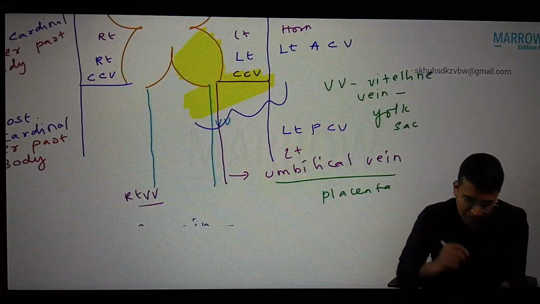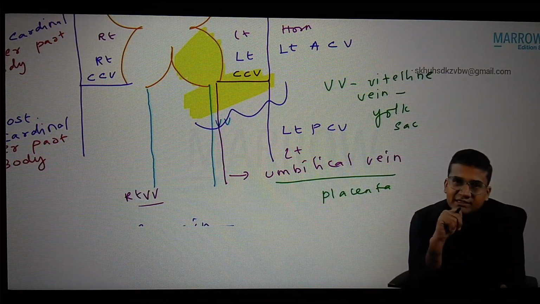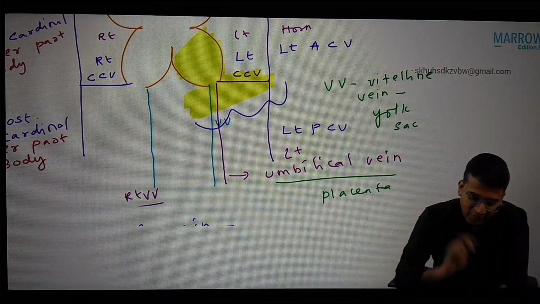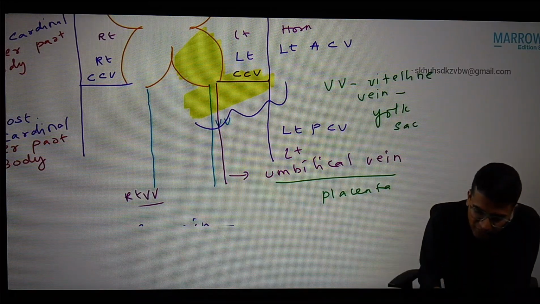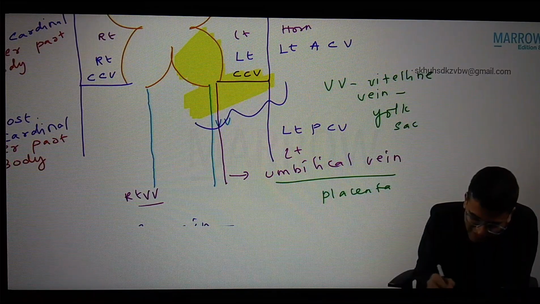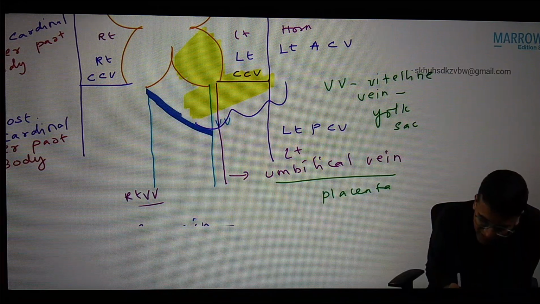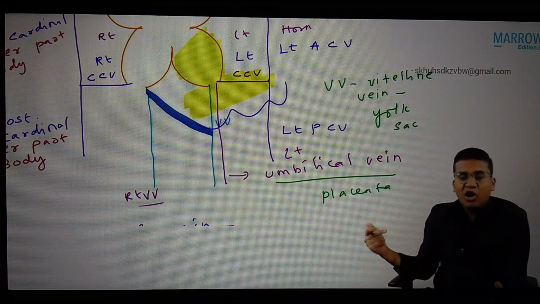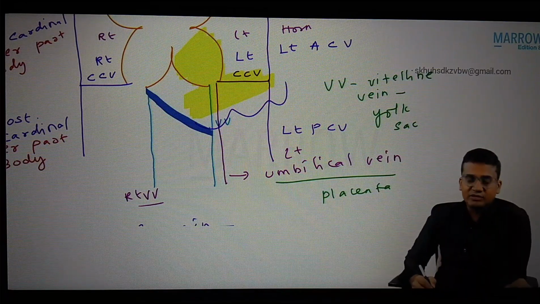Now, I told you the only source of oxygenated blood to the fetus is our left umbilical vein. So now the cranial part of the left umbilical vein is regressing. So now we need one shunt. From where to where, sir? From the left umbilical vein to the right vitelline vein, one shunt is formed, because this will shunt the oxygenated blood from the left umbilical vein to the right vitelline vein.